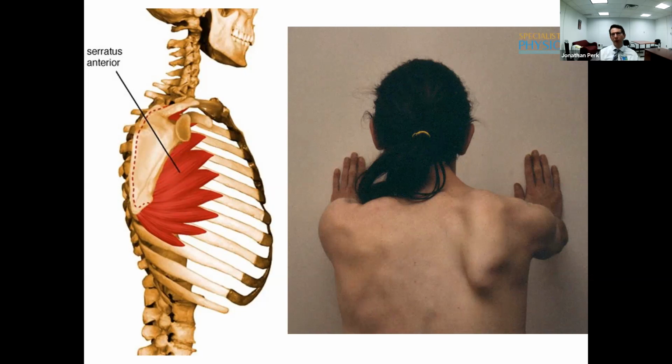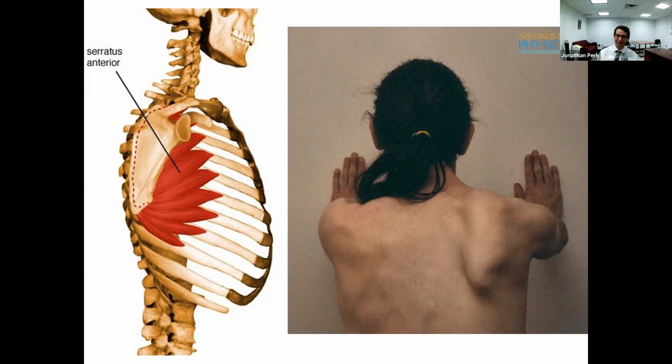If someone undergoes surgery or trauma and their long thoracic nerve is cut, and they now have a specific weakness of the serratus anterior, what type of winging of the scapula will you have? Lateral or medial winging of the scapula? This is a board question. What do you guys think?